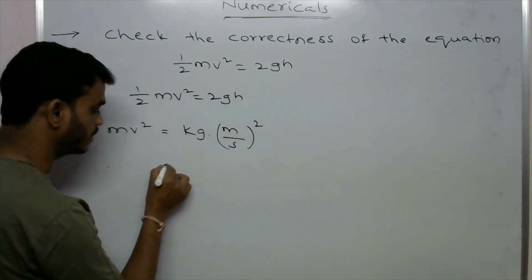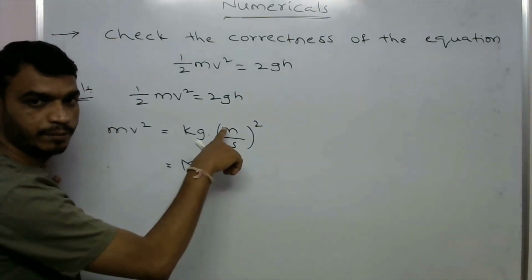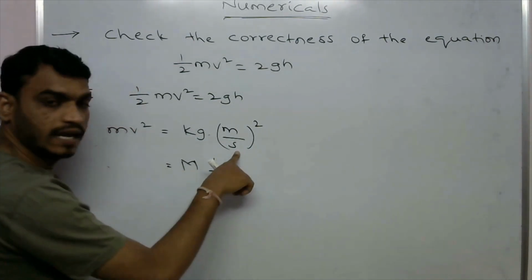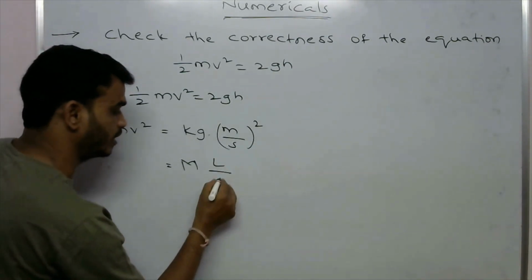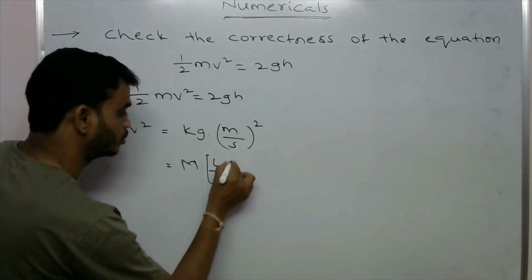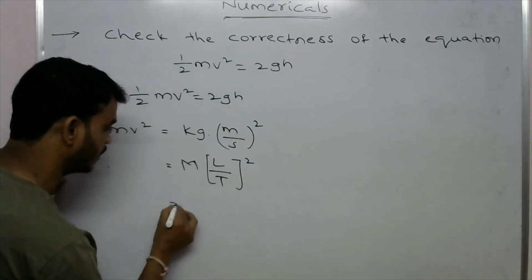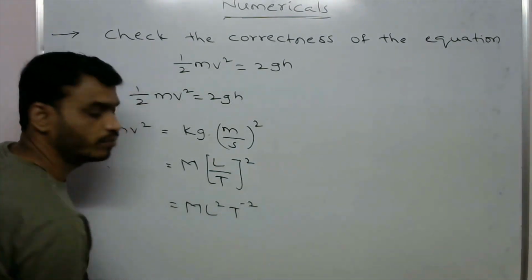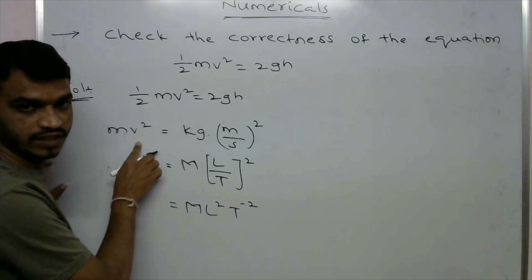But the kg dimension is M, and meter is the length dimension, L, and second is the time, so the time dimension is T. So this is the whole square. So what we can write here: M L square T to the power of -2. So these are the dimensions of this mv square.